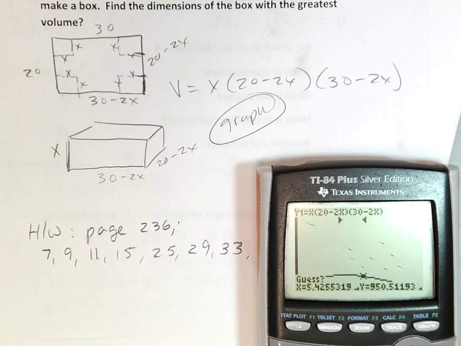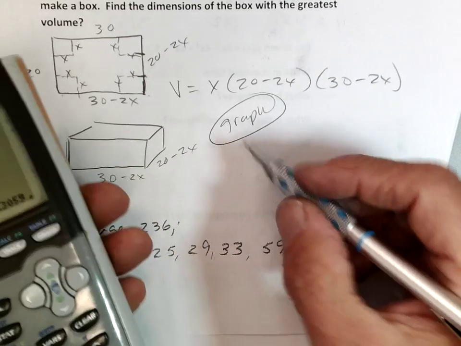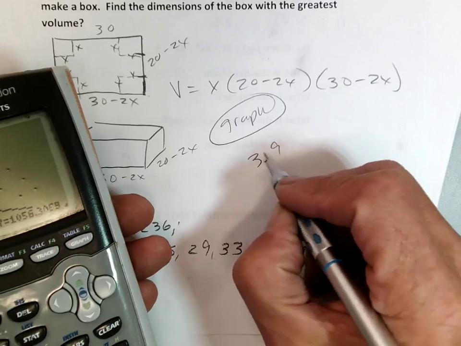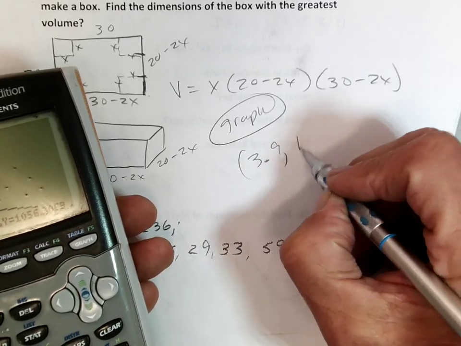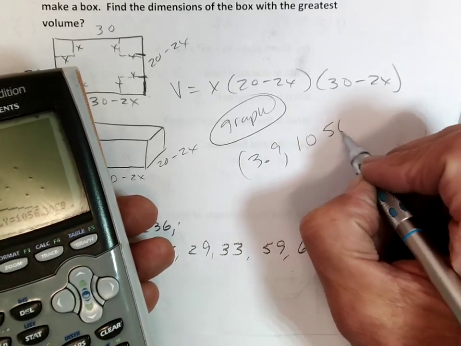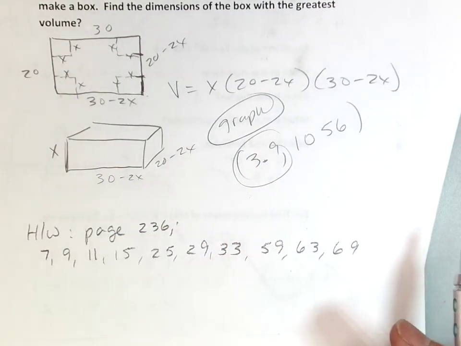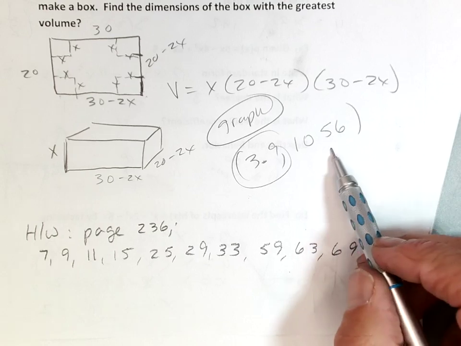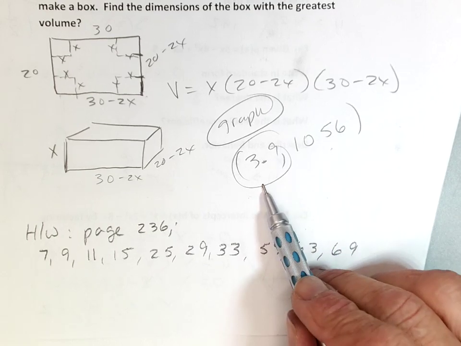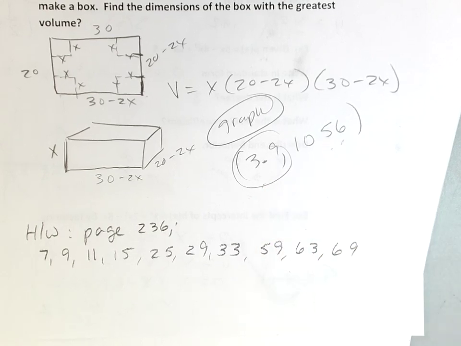But anyway, here we get our max at about 3.9, comma 1056. So 3.9 is the best cut to make the greatest volume, right? This is my cut size, and that's my corresponding volume. And if you were here yesterday, it totally makes sense, right? Yeah. Totally. Okay.